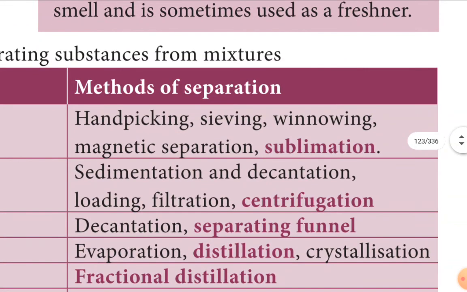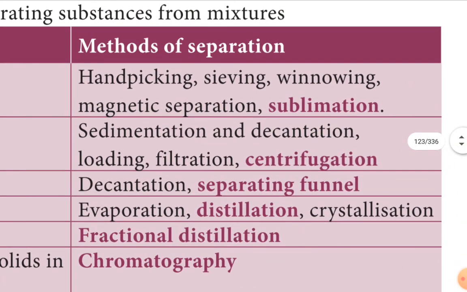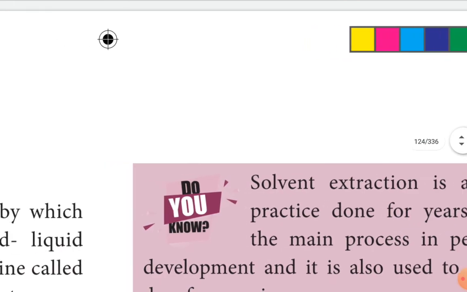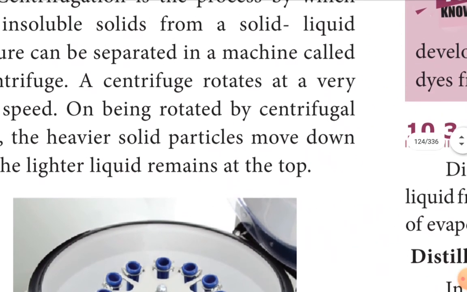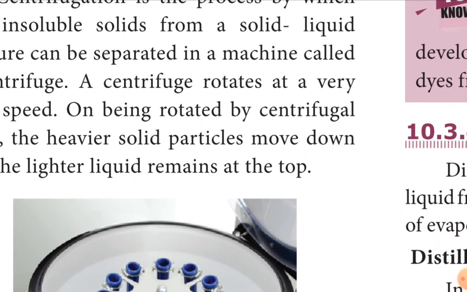There are methods given here: sublimation, centrifugation. All these methods we are going to learn in this lesson. Next, centrifugation. This is based on the principle of centrifugal force. Fine insoluble solids can be separated from a solid-liquid mixture using centrifugal force.